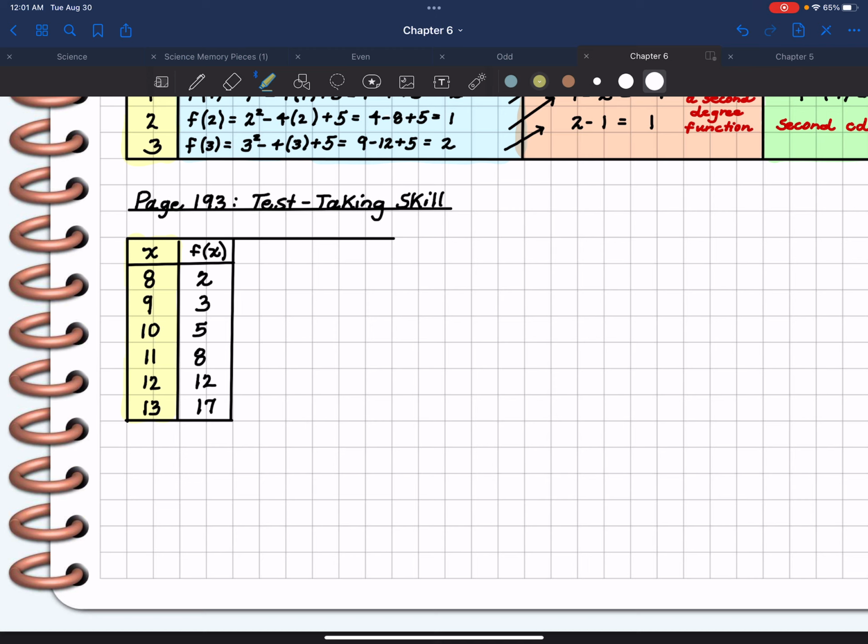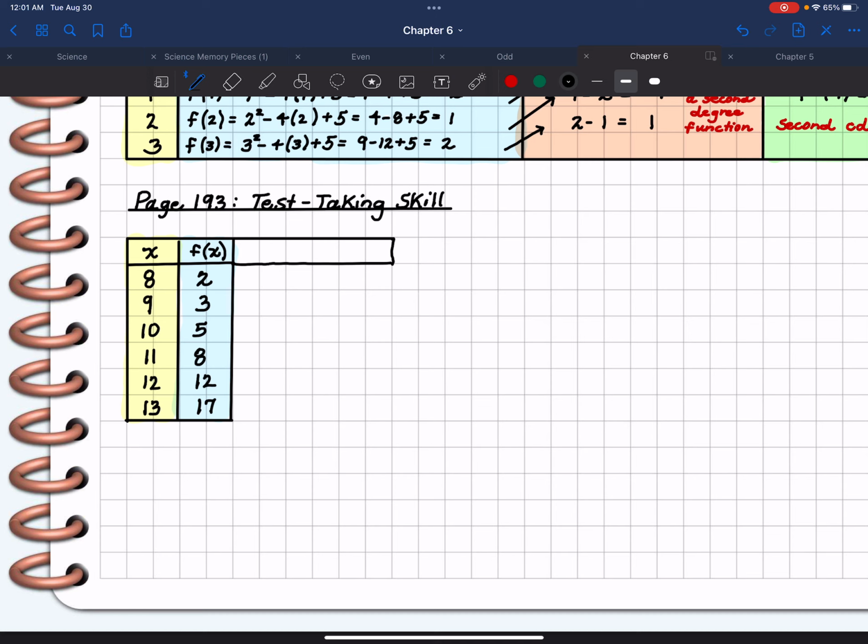Okay, and then I have the f of X column. That's the blue column I've been using. They already did the math for me, so we don't have to do anything. And then the next column, I kind of messed up, but that's okay. Let's go ahead and carry this over here.